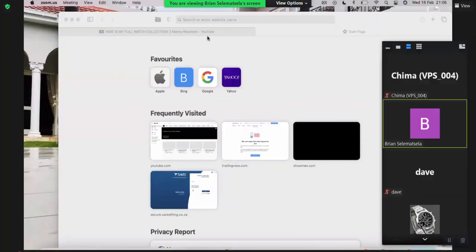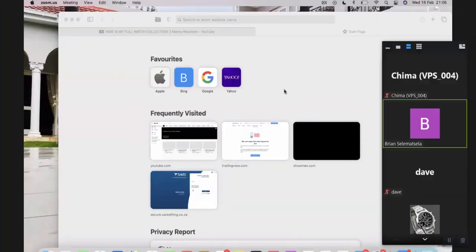Now, I will need you guys to pay attention to what I'm about to do. I'm just going to be illustrating on the main chart. What is it all about?